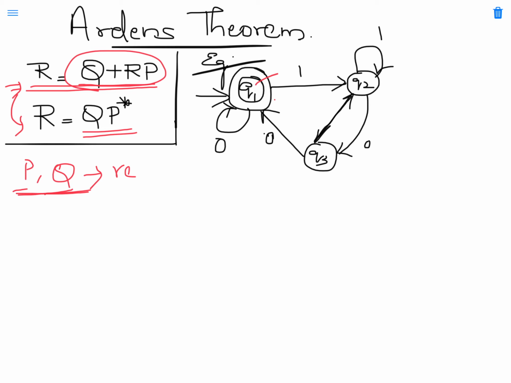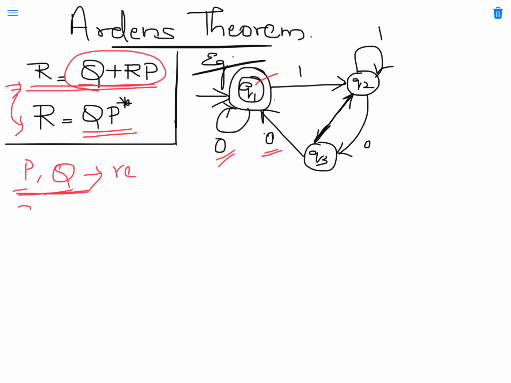So which are the input transitions? That is from q1 to q1 itself using the 0 input symbol, and q3 to q1 using another input symbol 0, and also this q1 state is the start state. With this information, you need to find the equation.